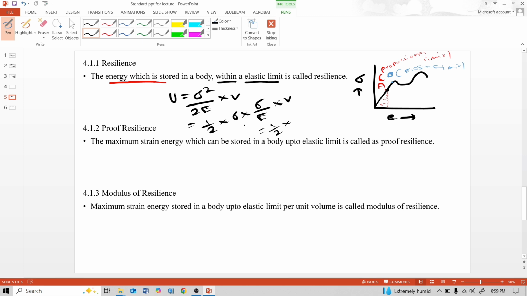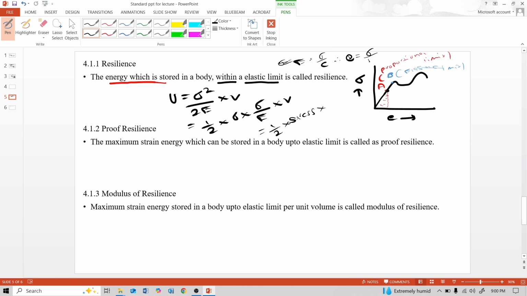Half as it is, this sigma is nothing but stress, and sigma upon E: since E is equal to stress upon strain, small e is equal to stress upon E. That means this is strain, and multiplied by volume. That means this strain energy is half stress into strain into volume.